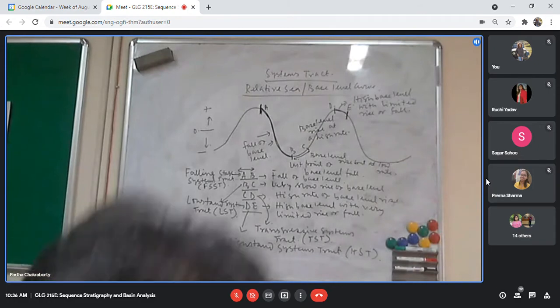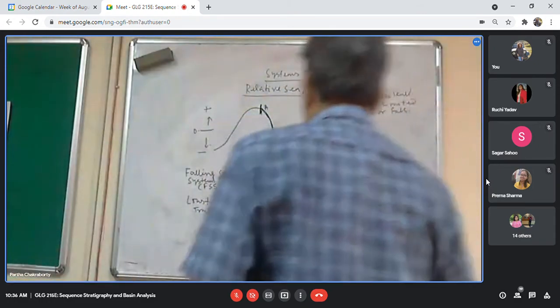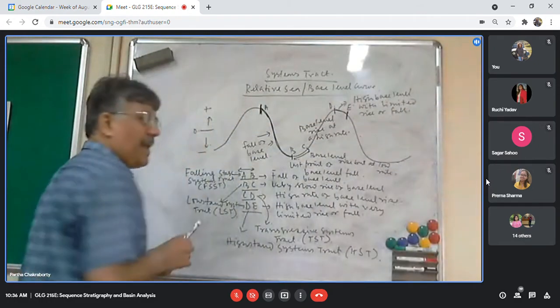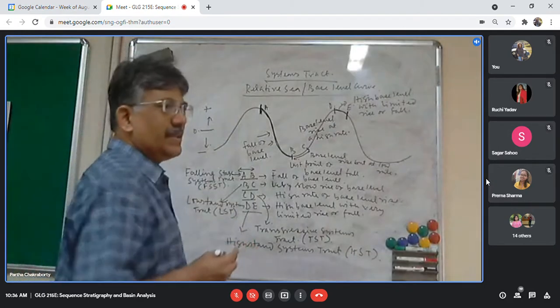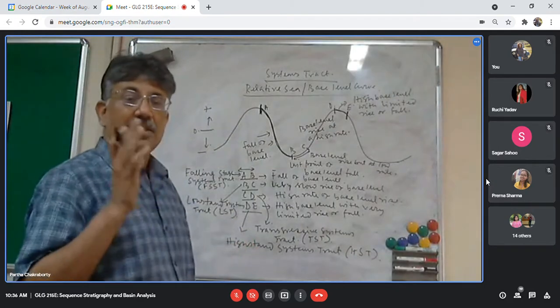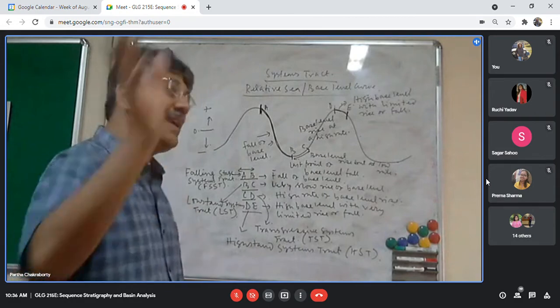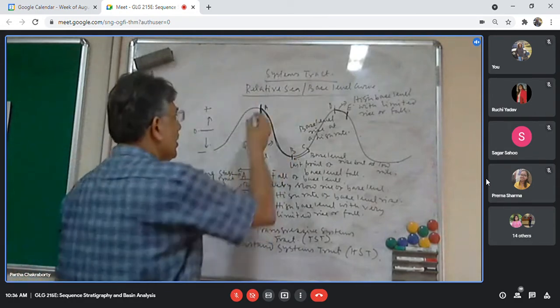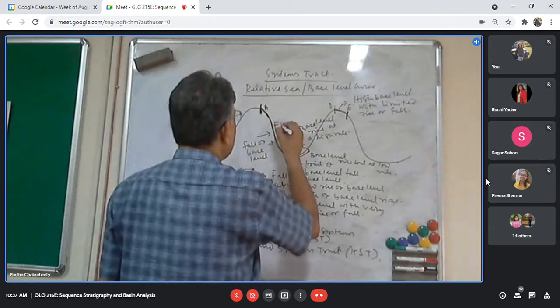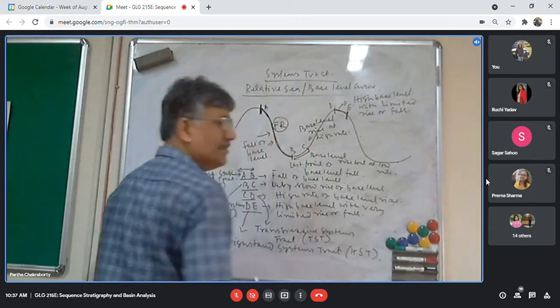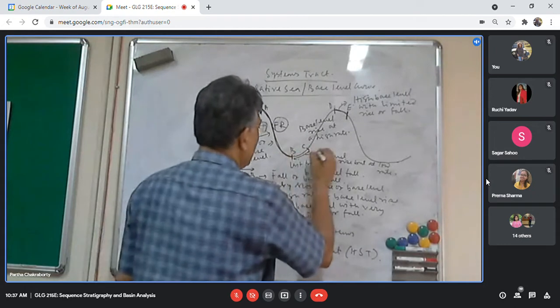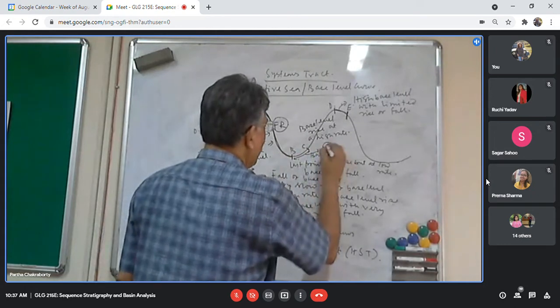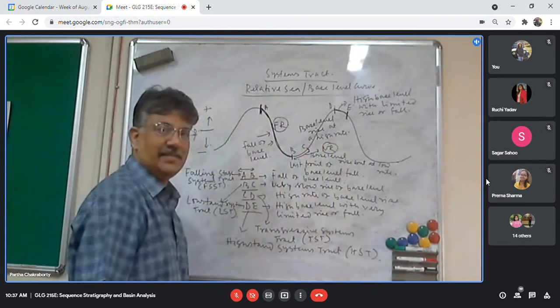Now, if I think of it in terms of the base level curve that I had drawn in the class before the last class, this becomes the forced regression when the base level is falling. This becomes normal regression when the base level is slightly rising.